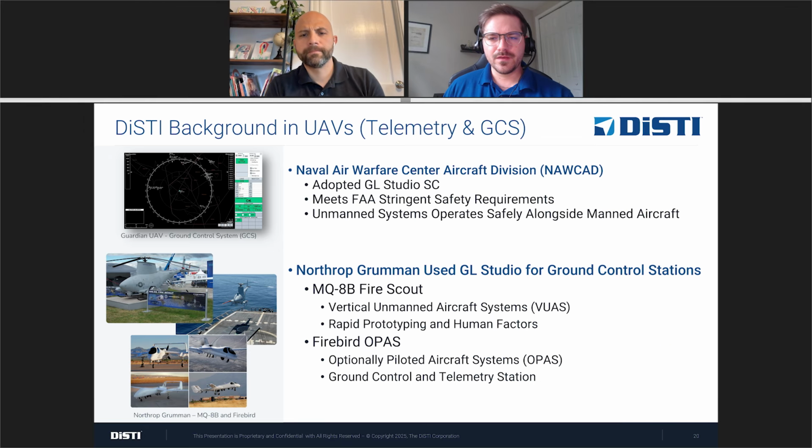Here are a few of the use cases for GeoStudio and UAVs that we can talk about, including the Naval Air Warfare Center Aircraft Division, who has adopted GeoStudio SC for their unmanned systems. And then also Northrop Grumman used GeoStudio for multiple ground control stations, including the MQ-8B Fire Scout and the Firebird OPAS.